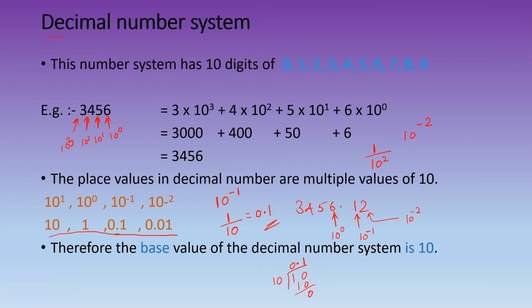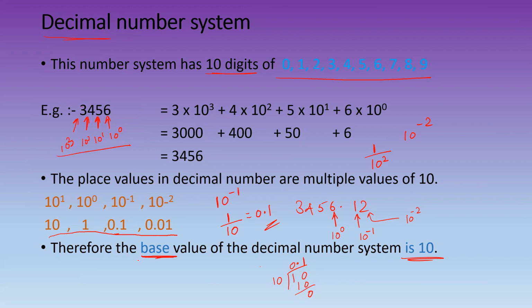Now, as the decimal number system is consisting of 10 digits here, we call the base of this number system is 10. Okay, now can you all remember the features, the symbols you have to know, right? And how to write the place values, you have to know like this, and you have to know the base, right?